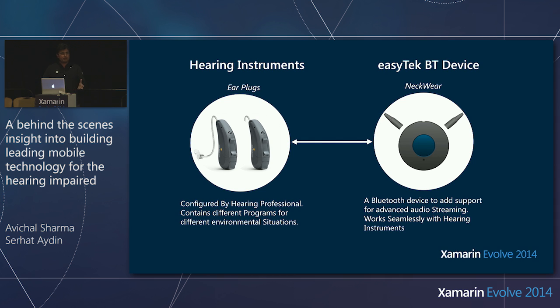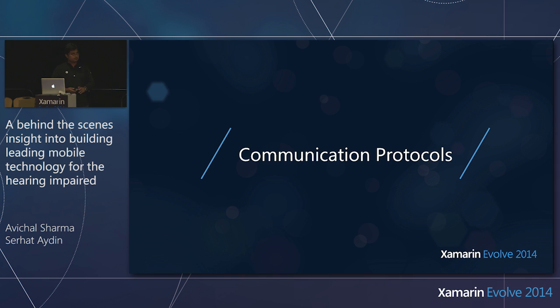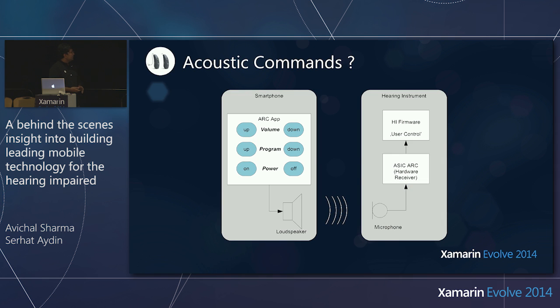So what are the different kinds of communication protocols that we really implemented in order to achieve this kind of communication? The first one was the Acoustic Commands communication. Acoustic Commands mode is like your app sends very high frequency, ultra high frequency tones.